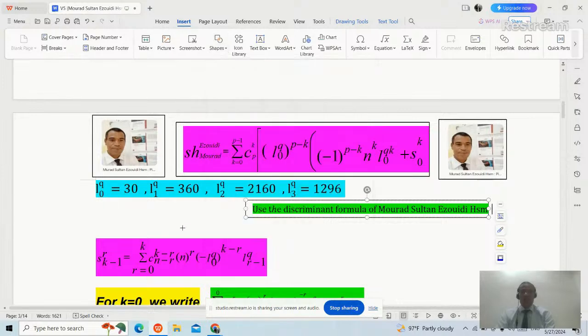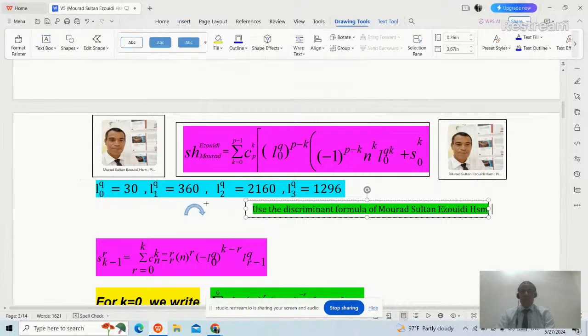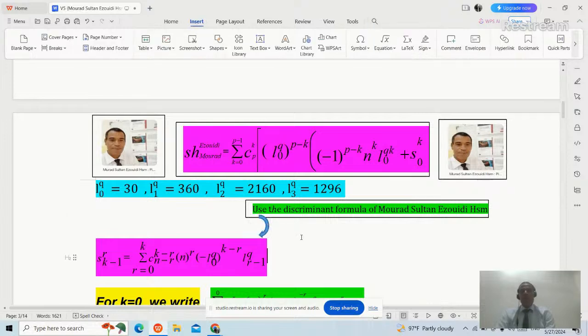This one is called the discriminant formula of Mourad Sultan Ezouidi. Now we continue with all that.